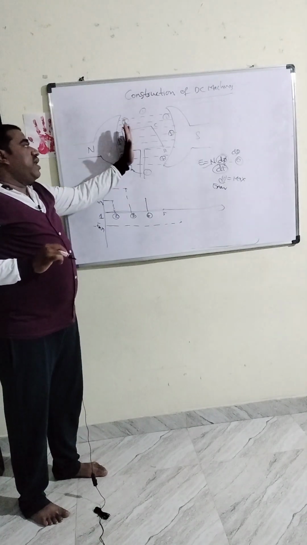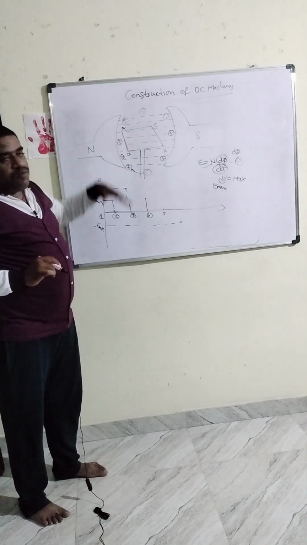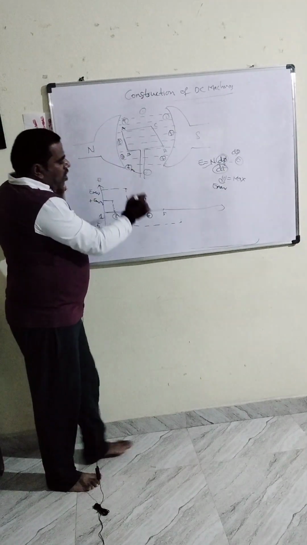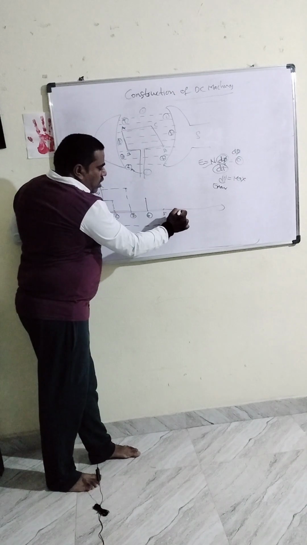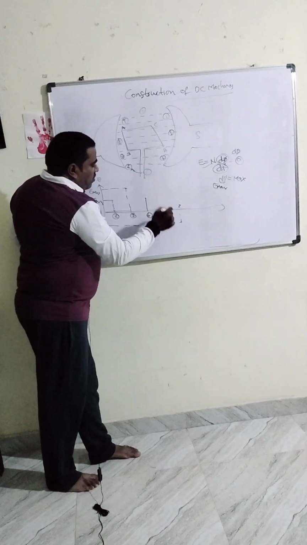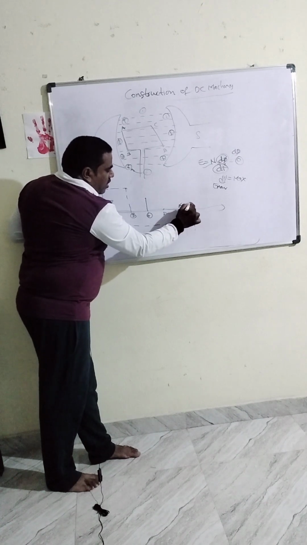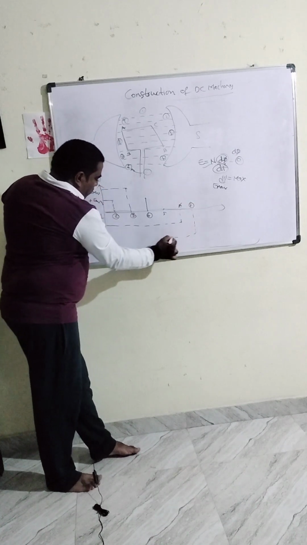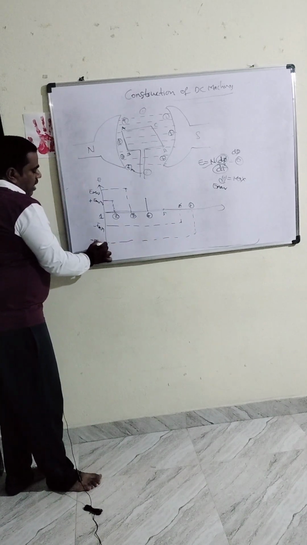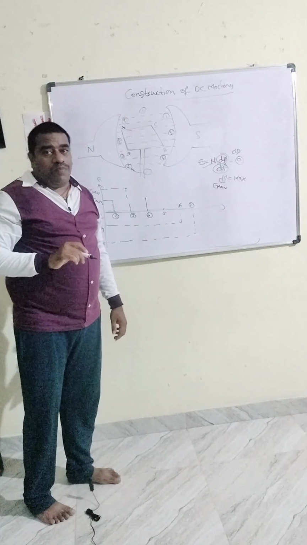So here maximum flux lines are cut by the conductors at position number 8. Neglect 7 because only small changes happen there. So at position number 8, at 8 again maximum EMF, and that maximum value will be E maximum. Minus E maximum, negative, because both the coil sides entered the opposite poles.